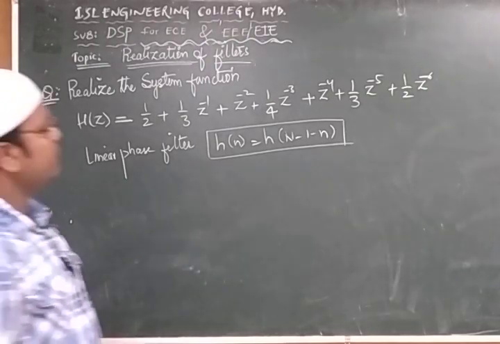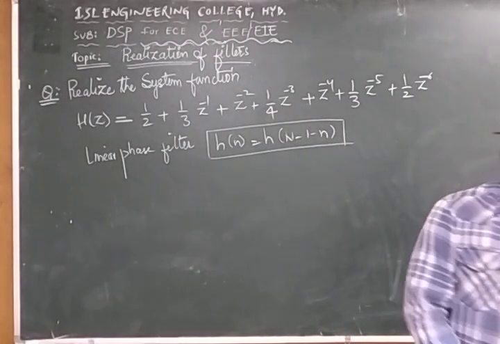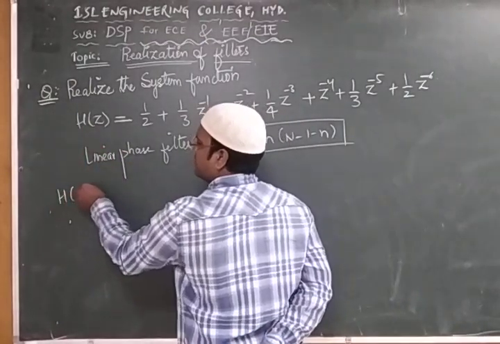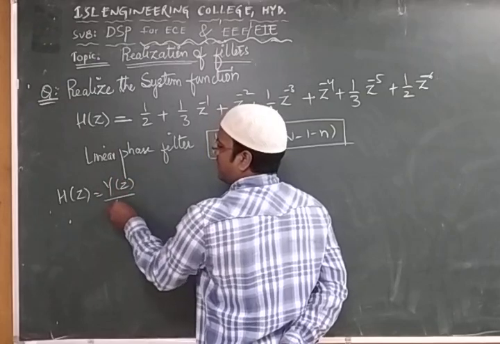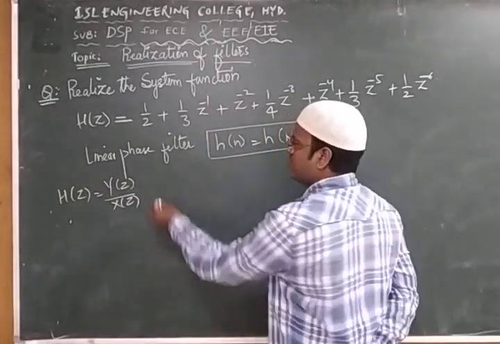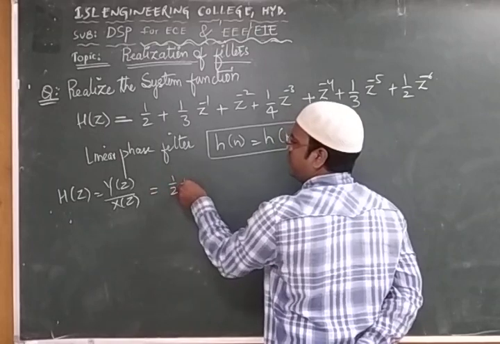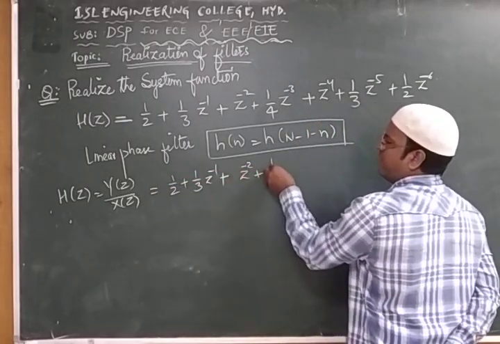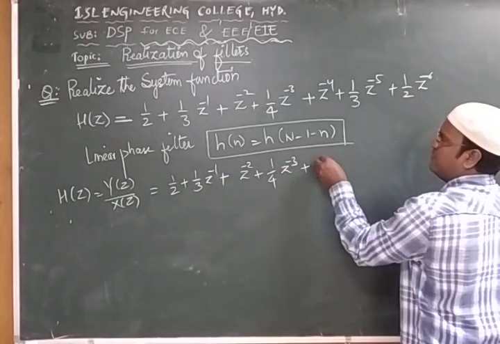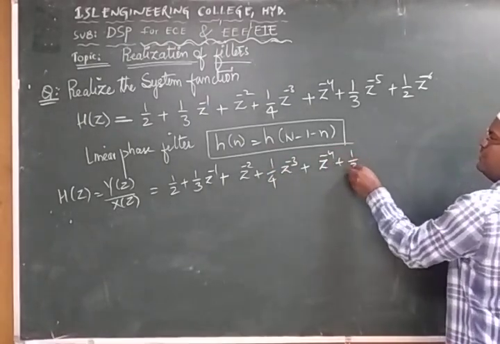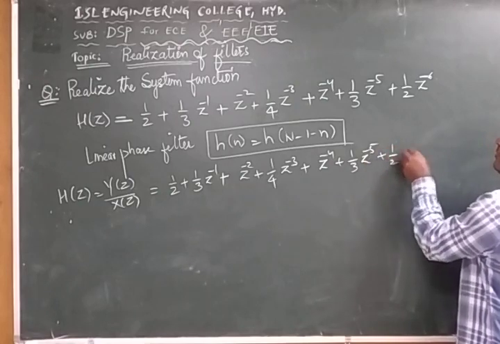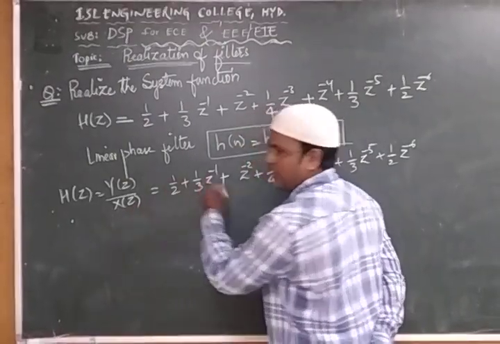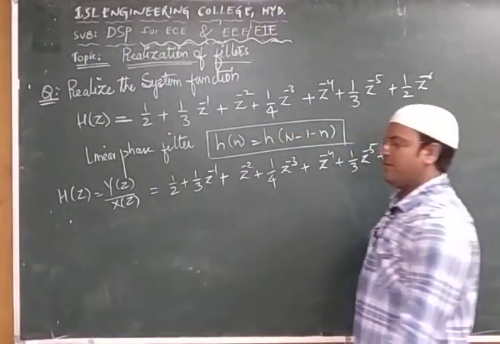So we need to write the transfer function, right? What is H of z? I can write H of z is Y of z by X of z, which equals the given factor: 1/2 + 1/3 z^-1 + z^-2 + 1/4 z^-3 + z^-4 + 1/3 z^-5 + 1/2 z^-6. Next, we multiply with X of z so that we can get the output response.